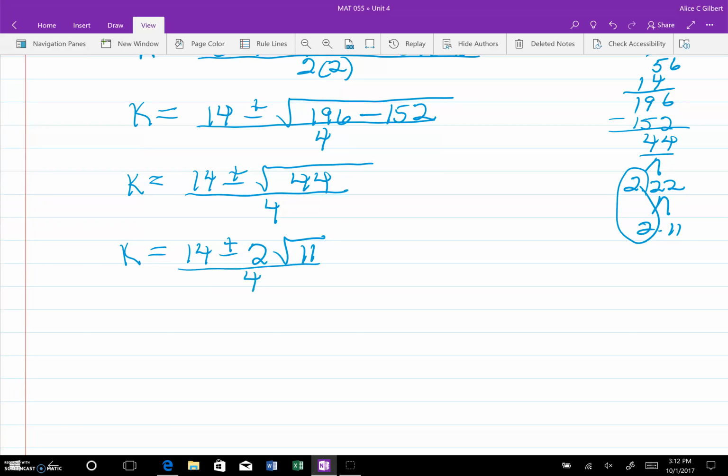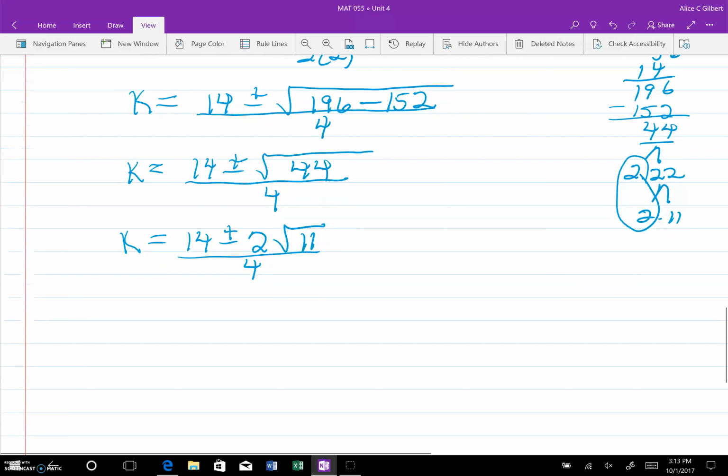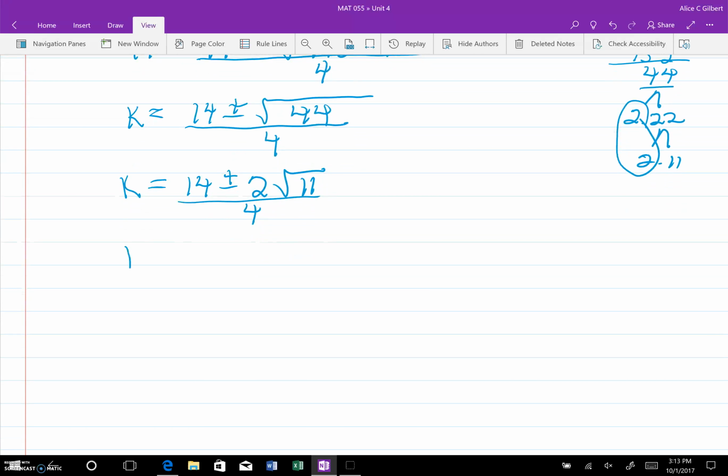Again, I cannot cross cancel the 14 and the 4 or the 2 and the 4, because the 14 is being added or subtracted with the 2 times the square root of 11. But I can factor a 2 out of this term and this term. So that leaves me with 7 plus or minus the square root of 11, because if I multiply 2 times 7, I get 14, and if I multiply 2 times the square root of 11, I get 2 times the square root of 11, over 4.